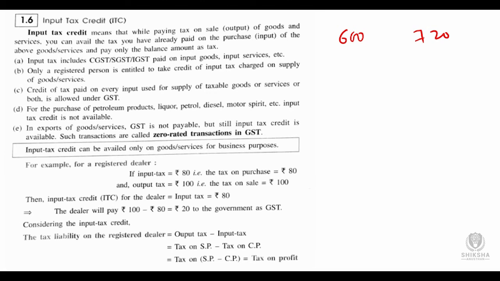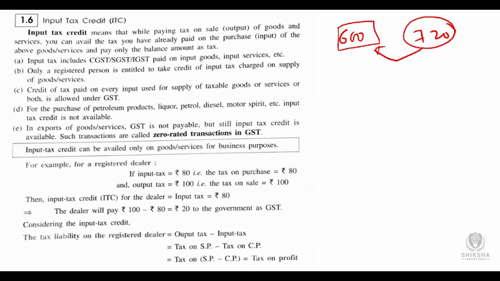This means the 600 rupees that he paid as tax to the manufacturer, he collects back from the consumer, and the remaining extra amount is what he will pay to the government. What he paid to the manufacturer, he collects that. This is what input tax credit means.